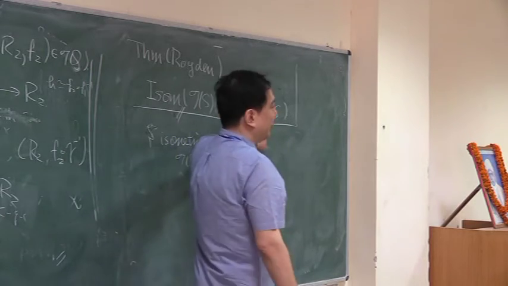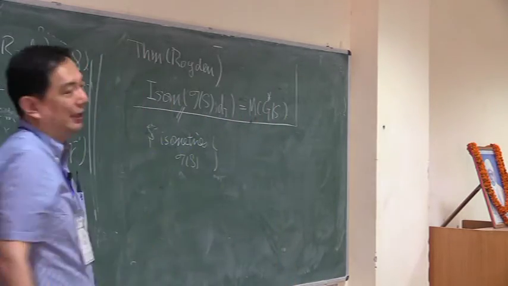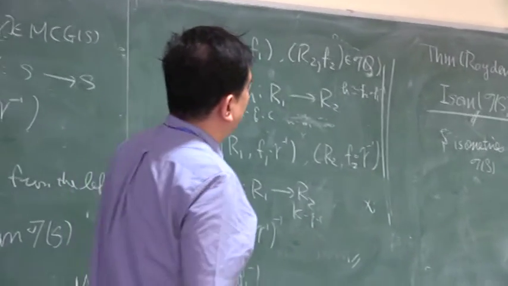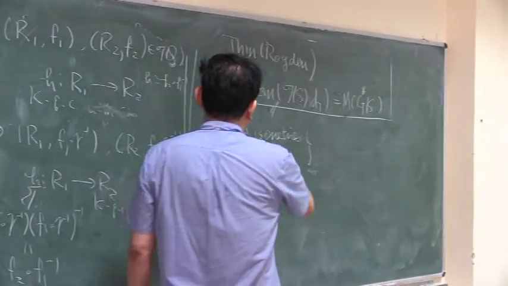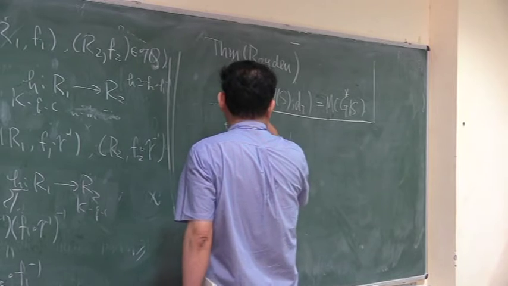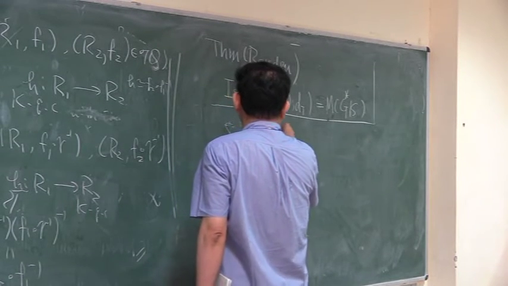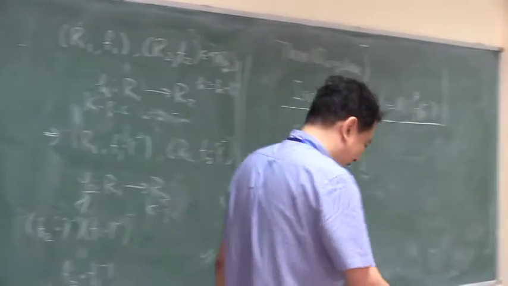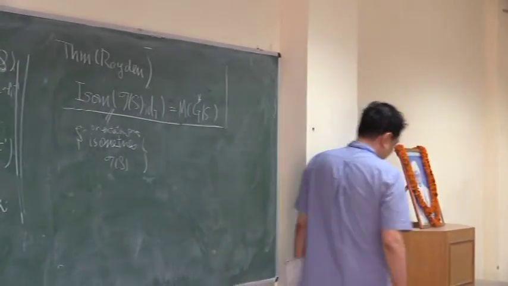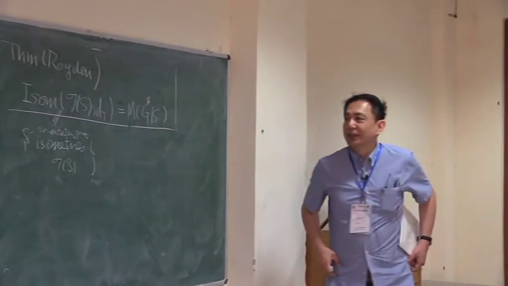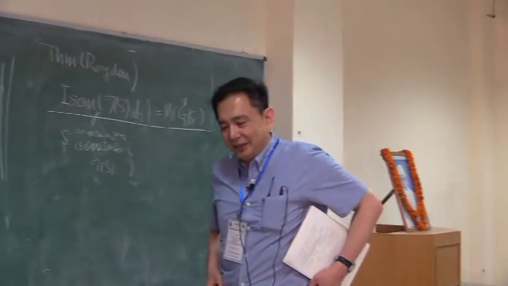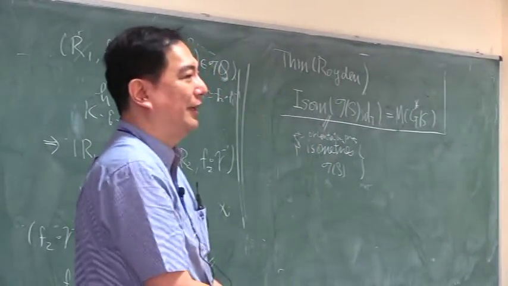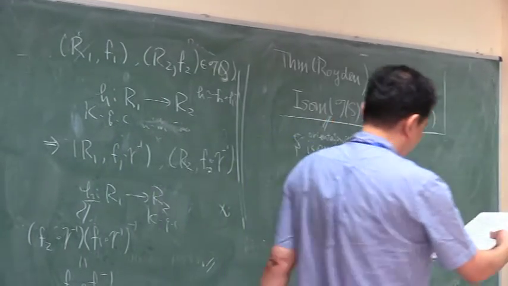So the action of the mapping class group on it is just the group of isometries, probably orientation preserving. And that theorem is a kind of corollary of the stronger version.